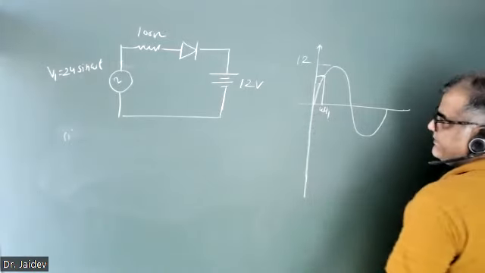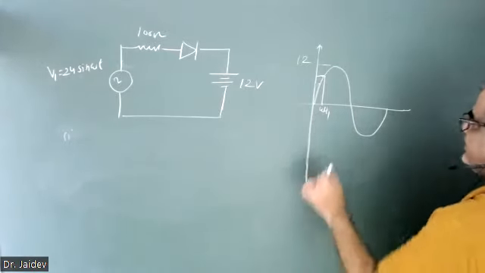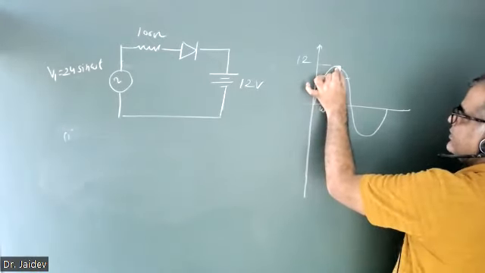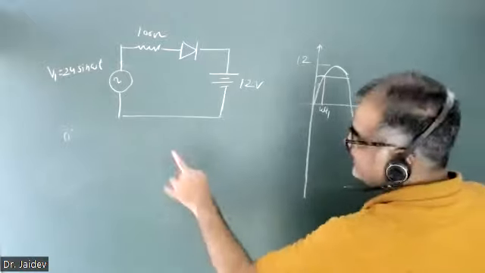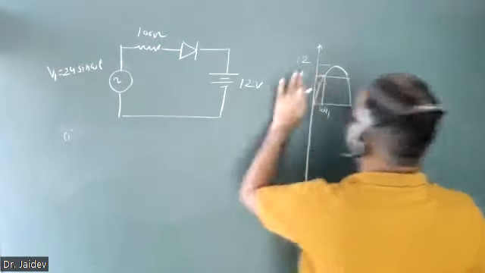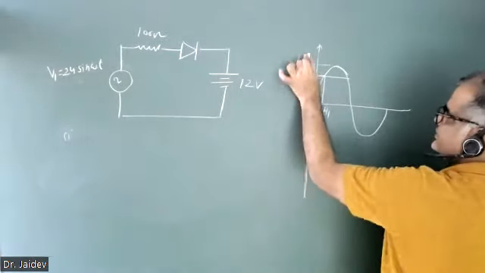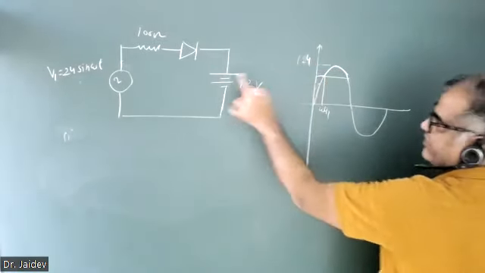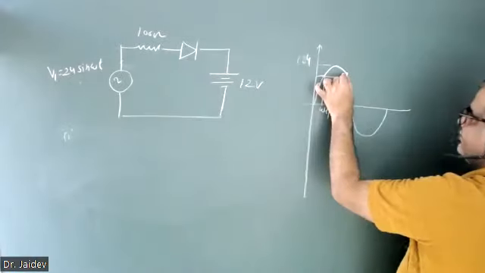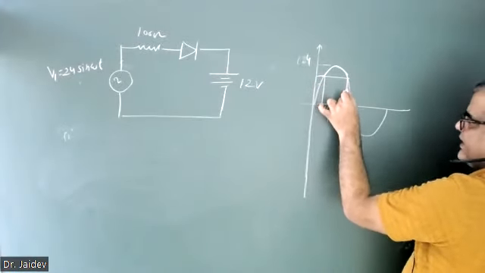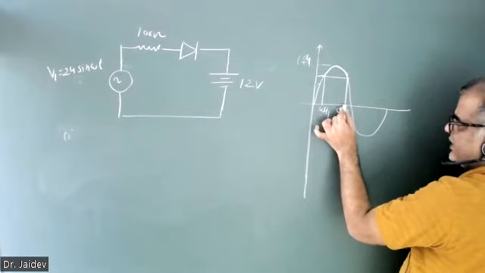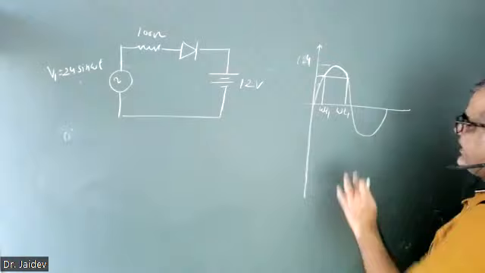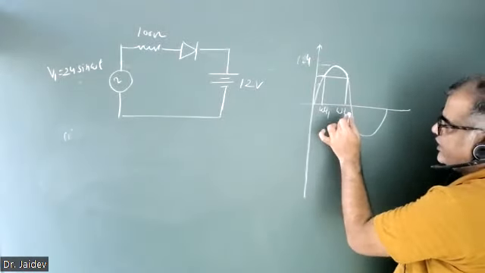Say this time is omega t1. After that, once the voltage becomes greater than 12, up to its maximum value of 24, the diode will be forward bias. Up to this time it will be forward bias, and again it will become reverse bias, so current will not conduct. So only in the period omega t1 to omega t2 will the diode conduct.